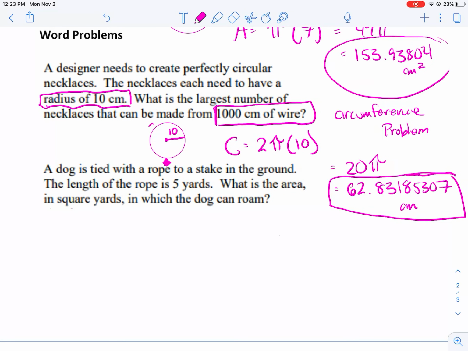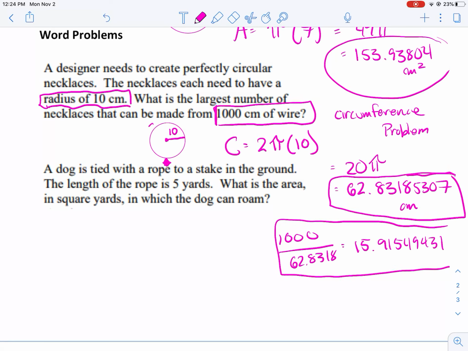So in order to find that, I take 1,000 and I divide it by that 62.8318. Okay? So by doing so, I get 15.91549431. Okay? Now, here's the $1 million prize here, right?